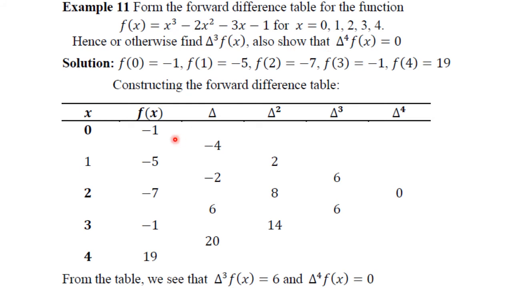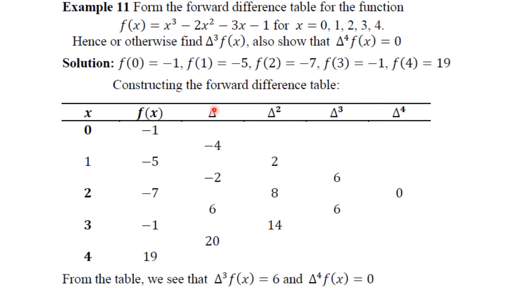So first of all, find the values, students. What is f of 0? Just put the value in the function. It is -1. f of 1 is -5. f of 2 is -7. f of 3 is -1. f of 4 is 19. Just write the function values here. Now it says create the forward difference table.